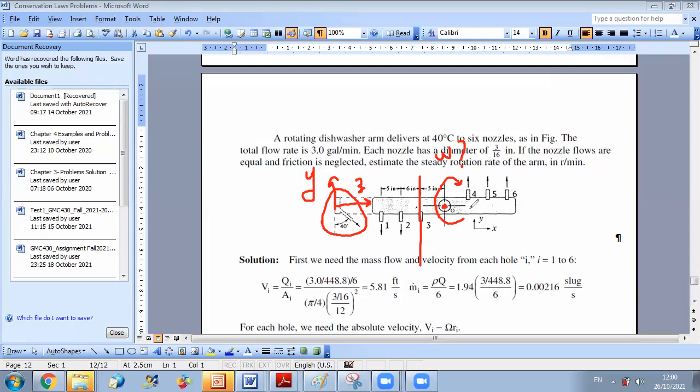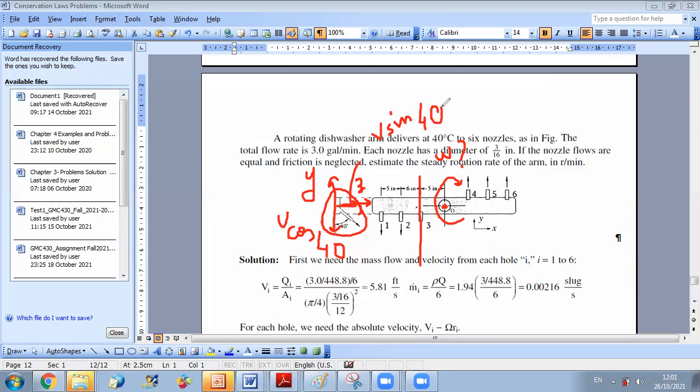Okay, now why did they give us this figure? Because the velocity vector is not in the y-axis plane. It can be decomposed into two components, one along Y which is equal to V cosine 40, and one along Z, which is equal to V sine 40. But of course, when I consider angular momentum, the component parallel to the axis of rotation will not produce any effect.